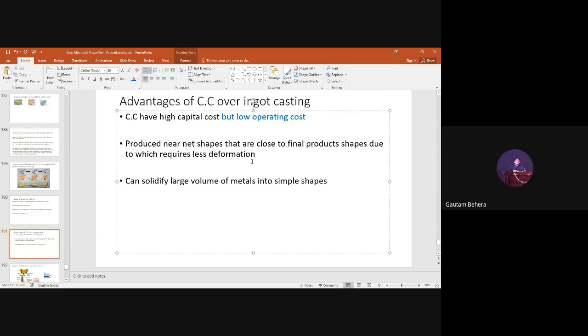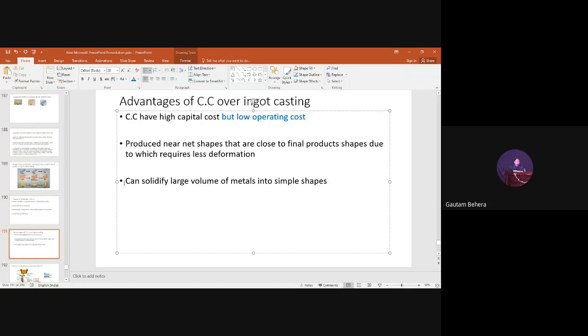We do not have to consume a lot of energy during deformation, because while rolling or forging a particular component, a lot of energy is consumed. But in continuous casting, nowadays we can obtain near net shape. Near net shape obtained means deformation required after that will be minimum. The cost required will be minimum. It will minimize the cost.